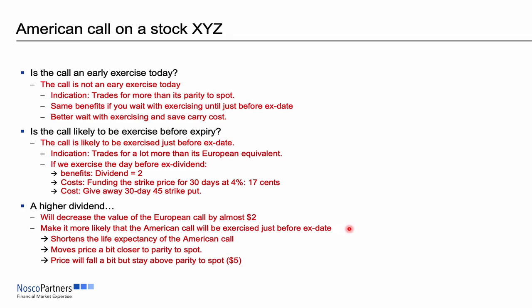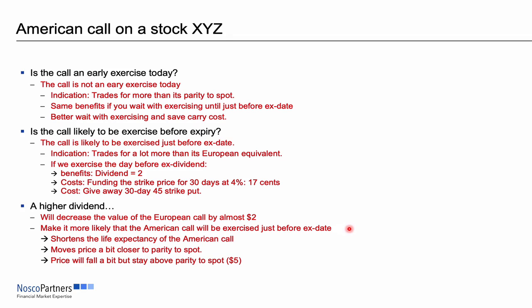So my point here is the American option will barely change in value. Actually, it will most likely go down a little bit, but we know that it can never go down more than 2. So the minimum value will be parity to spot. That means $5. So the value of the American option will fall a little bit, but the value of the European option will fall quite a bit.